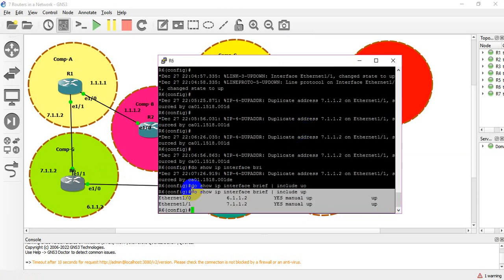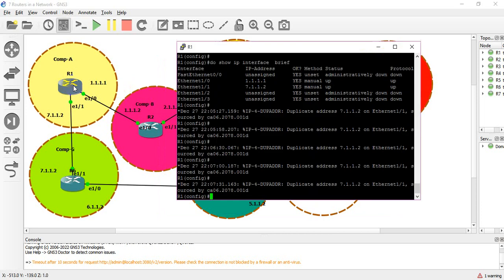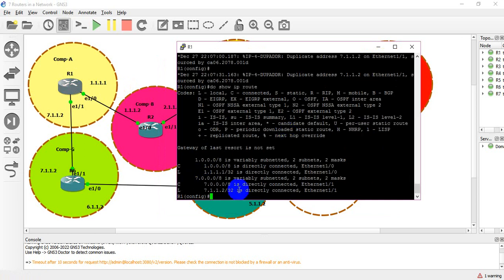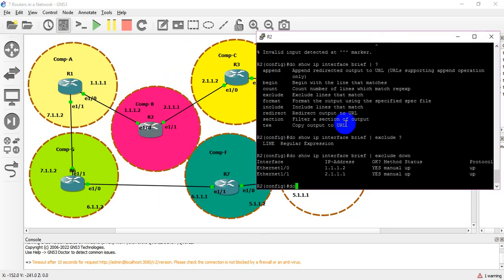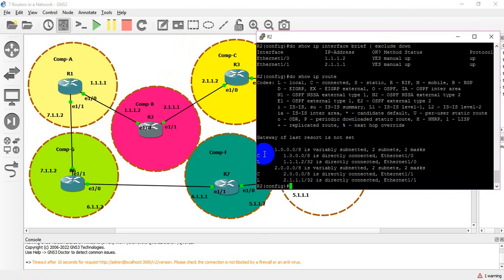Yes, all are okay. But the main thing is that let's check the routing table as well by writing the command do show ip route, and only two routes will be available in each routing table, which are connected routes, like 1 and 7. Look at this, the 1 and 7 networks are available. In this router, same situation. Let me show you. Only connected networks are available, which ones? 1 and 2.